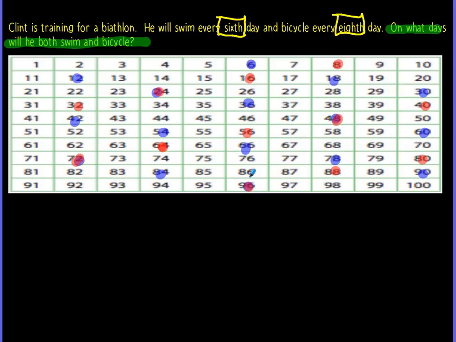Now notice we have pieces that overlap. When we're doing this, we're actually finding what are called common multiples.